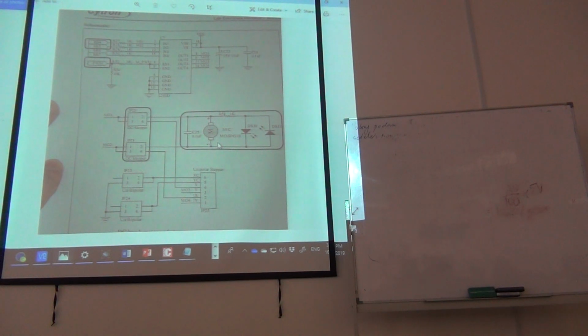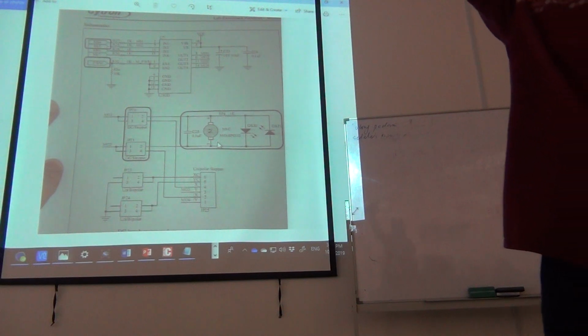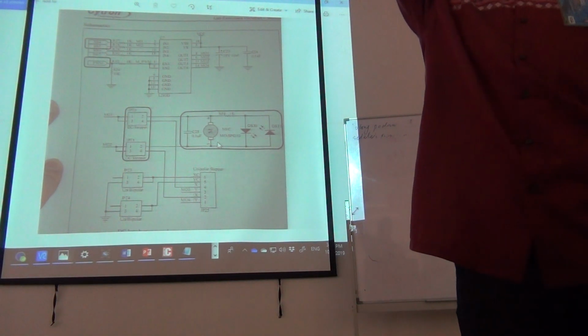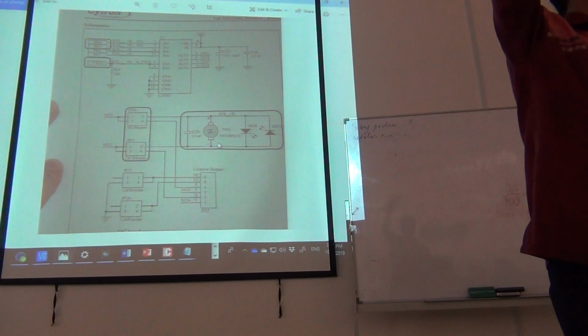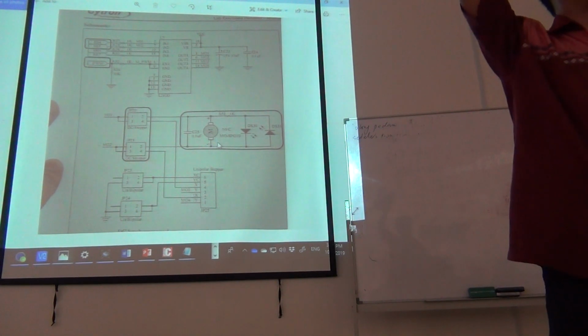Okay, this image is coming from this book. This book is the board manual. So when you purchase this board, they give you this book.